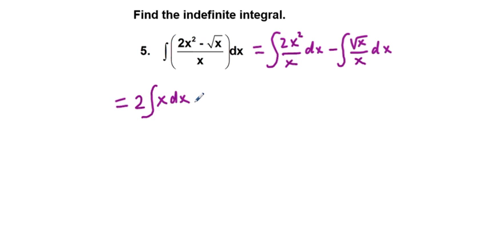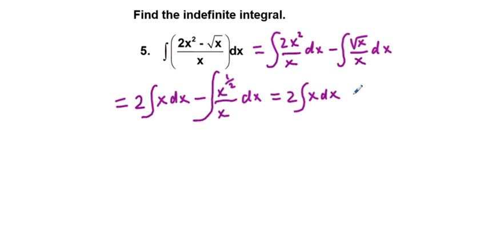And then we're going to have minus, well, I'm just going to write the x. The square root of x is x to the 1/2 divided by x to the 1 dx, and we have the integral of this. So we're still going to keep our 2 times the integral of x dx.